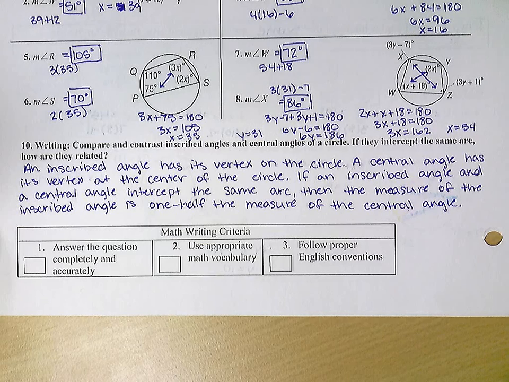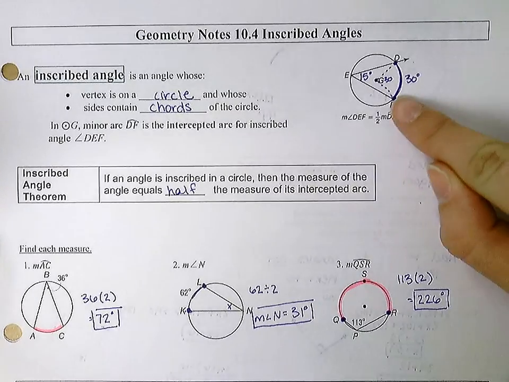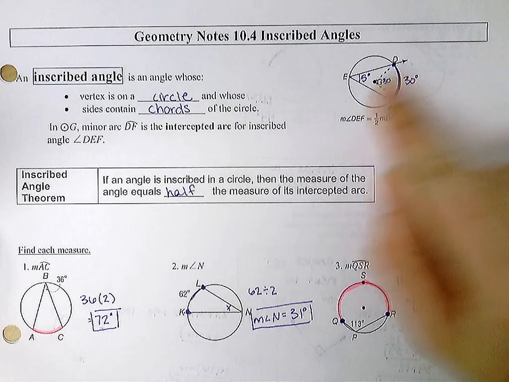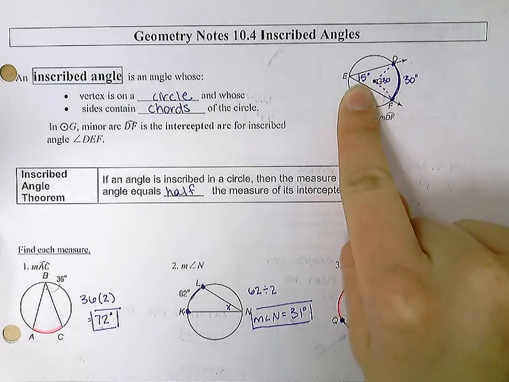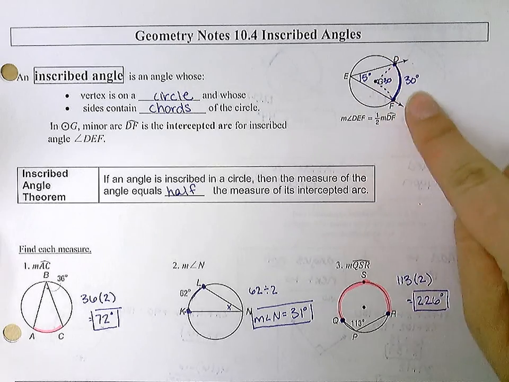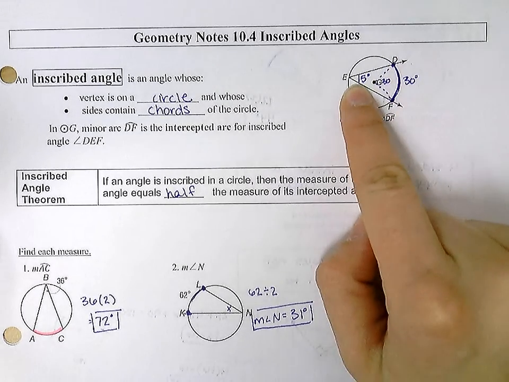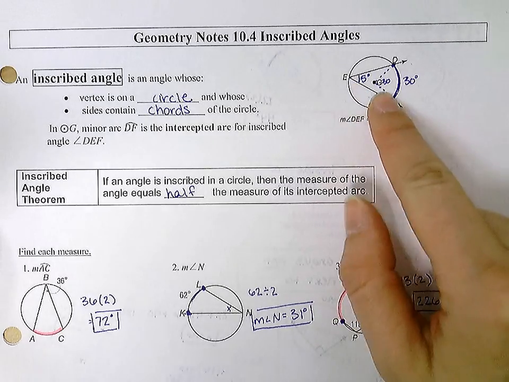Now that second part said if they intercept the same arc, how are they related? Well, if you look back to the front of your note sheet here, where I drew in a central angle and an inscribed angle, the inscribed angle and the central angle intercepted this arc DF. Well, your inscribed angle would be half of your central angle.